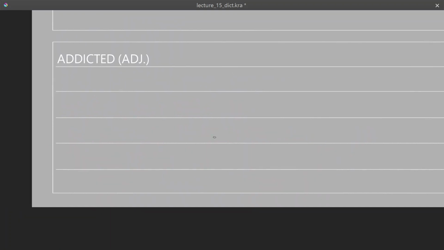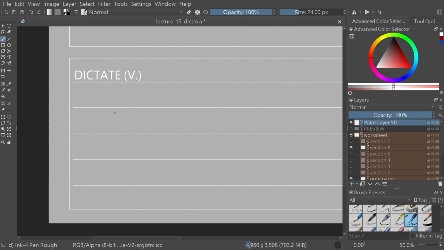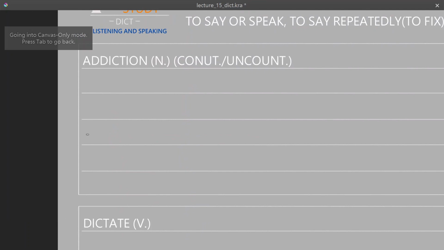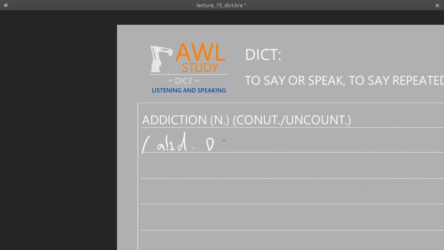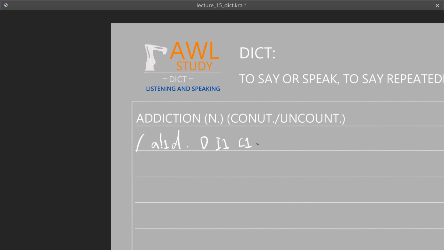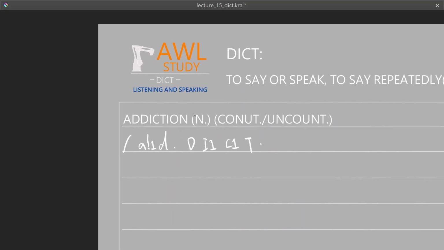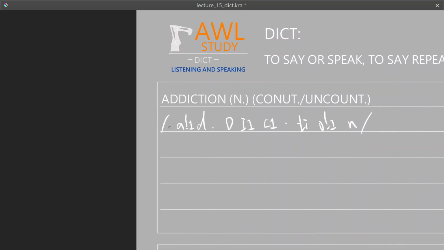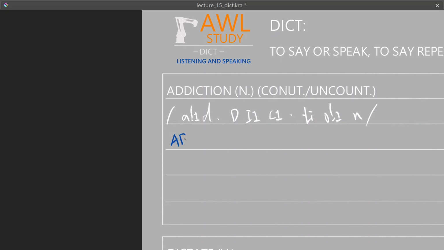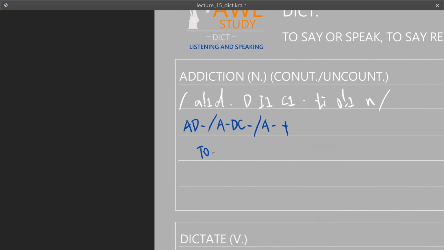All right, next we have addiction. Addiction. All right, addiction. And we have the prefix ad, or variants, a followed by double consonants, or the letter a itself, meaning to, or toward.